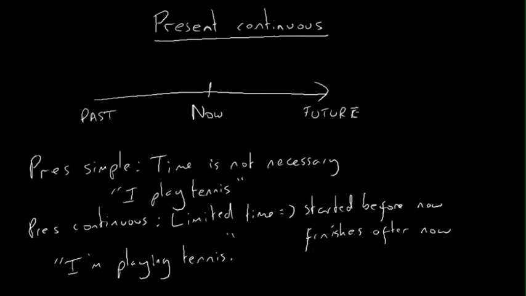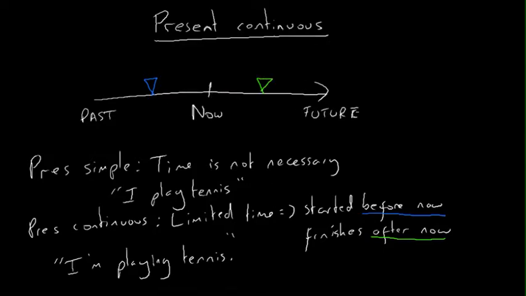So how do we visualize this on our timeline? Well, it's easy. If we think about something that's limited, if it started before now, it must be somewhere here. And if it finishes after now, it must finish somewhere here in the future.